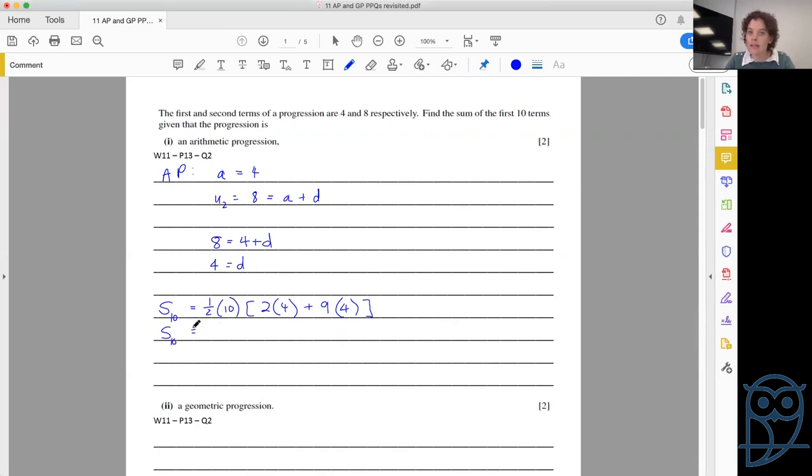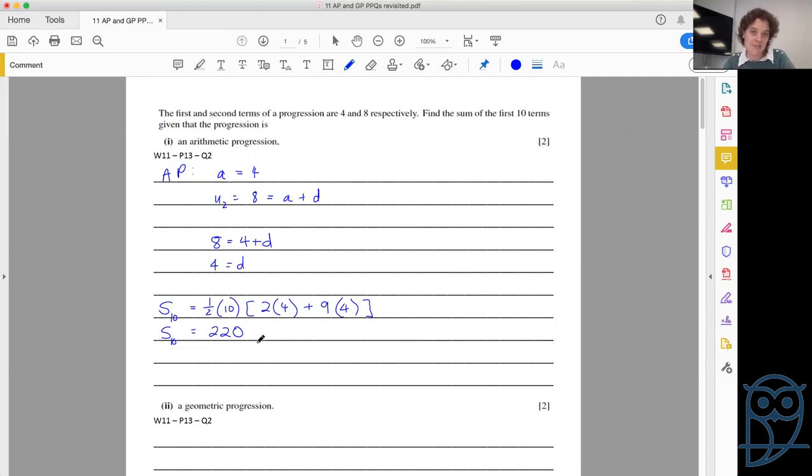One time, one calculation, keep your accuracy, and we get 220. So for first term and second term 4 and 8, if it's an AP, our sum of 10 is 220.